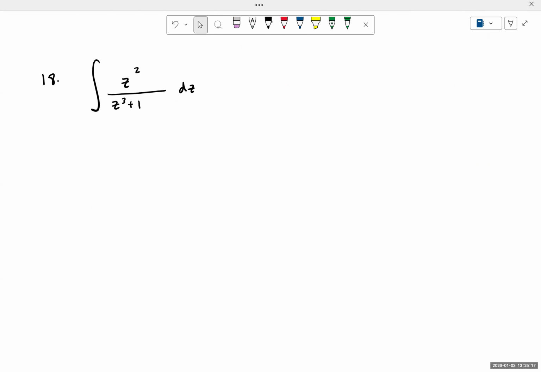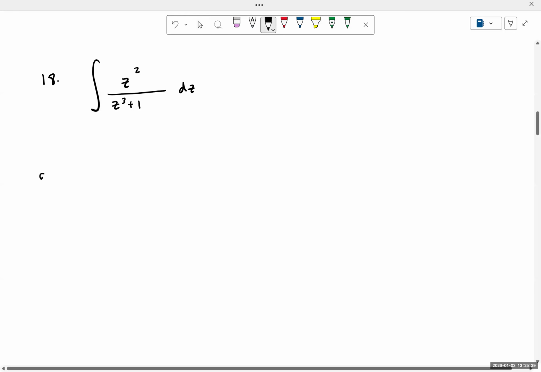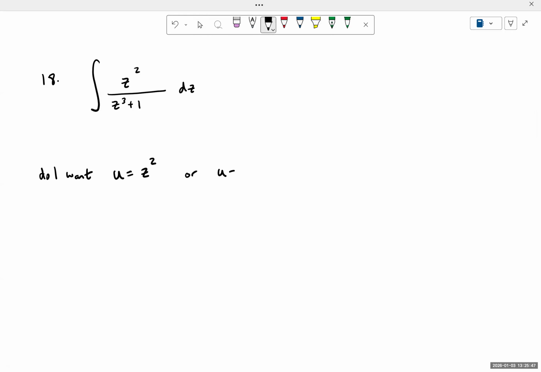But again here, similarly to what we had in the previous problem, perhaps, you've got some choices. I mean, in all of them, you kind of have some choices, but the choice is clearer in some than the others. And in this one, the choice might not be as clear as it was in the previous one. So the question then is, do I want u to be z squared or u to be z cubed plus 1, for example?